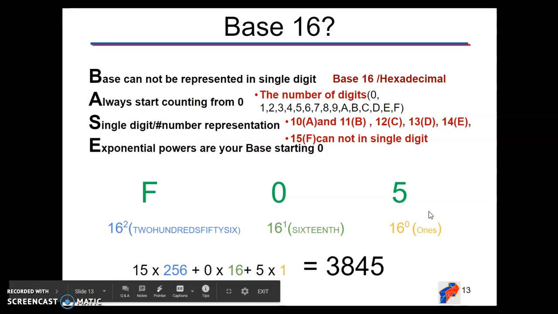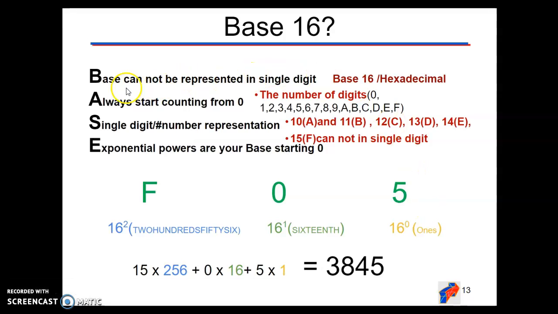If you have base 16, again, base cannot be represented as a single digit. Base 16 is hexadecimal. Always start from 0. The digits are 0, 1, 2, 3, 4, 5, 6, and so on, and then A is 10, B is 11, C is 12, D is 13, E is 14, and F is 15. Exponential powers are your base starting from 0.